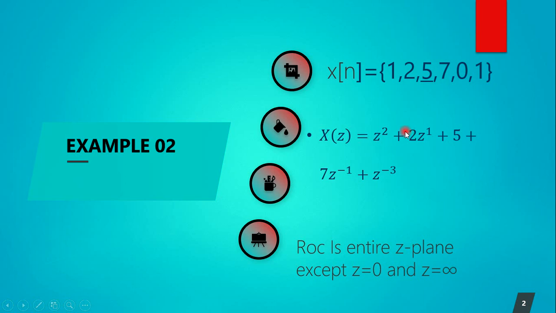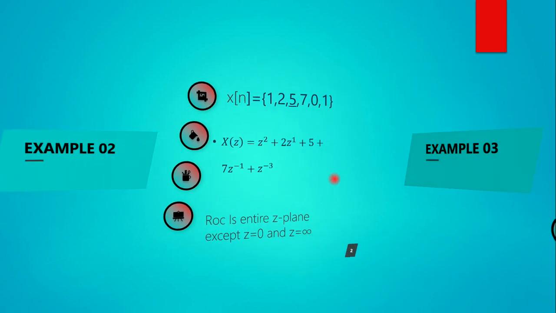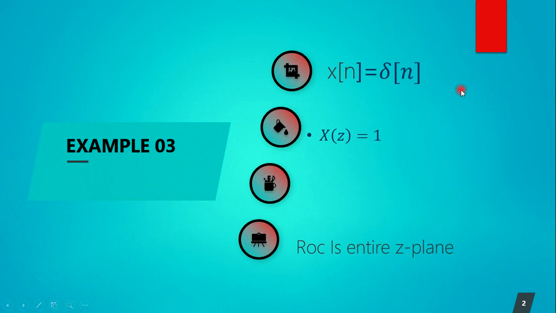If we substitute the value z is equal to 0, then the system becomes unstable, approaches to infinity, and if we also substitute z is equal to infinity in the equation, the system will also become unstable and it will approach to infinity.